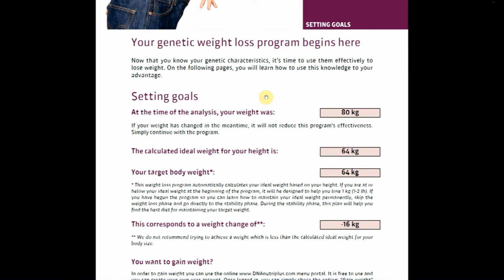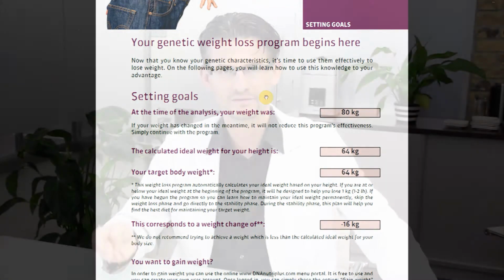Here you see the calculated ideal weight for your height. So the ideal body weight is determined by sex, body height. So it would be 64 kilograms for this person. It will be a different number for you. Now, you also had the option, when you ordered the test, to define your target body weight, the weight you wanted to reach. And this is down here. Now, you might have given a number. In this case, you will see this number here.